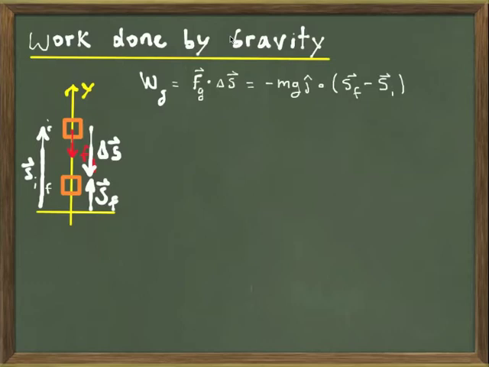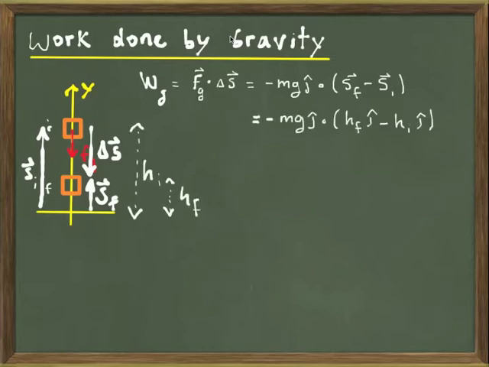I'm trying to transition now between the variable that I'm using in work, which is s, and the variable that we use for potential energy, which is h, for height. So I'm going to call those heights hi and hf. Different from the vectors, I mean, related, obviously. So minus mg in the j hat direction, dot product hf in the j hat direction minus hi in the j hat direction. Just writing things in vectors.